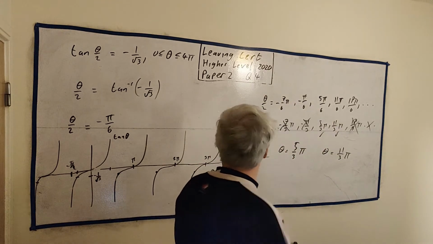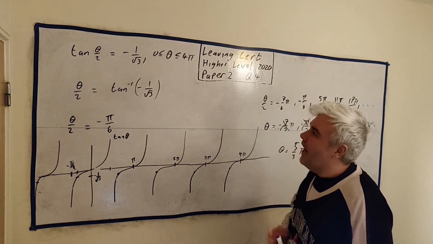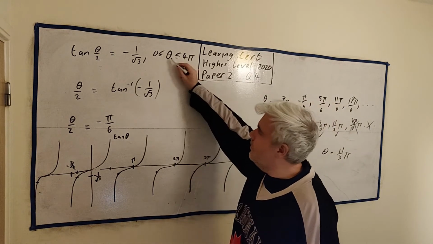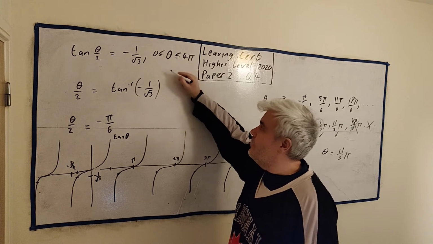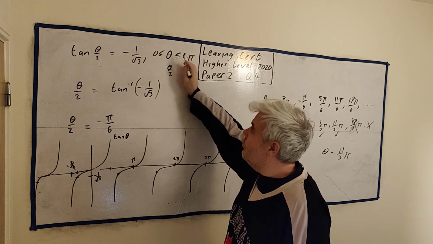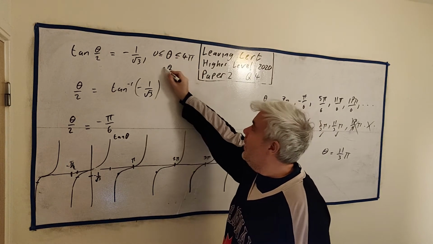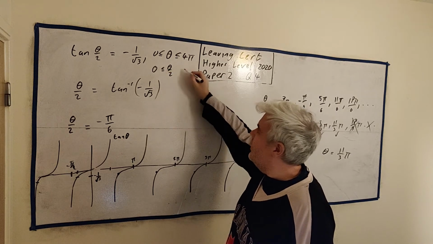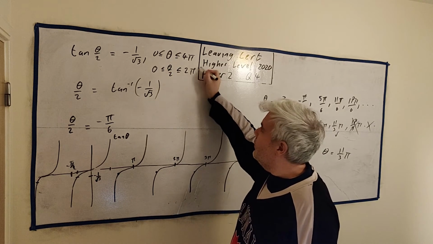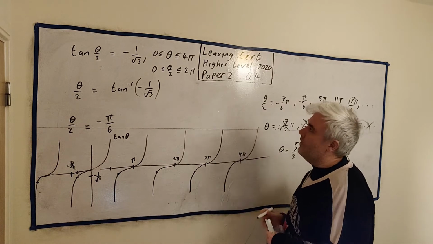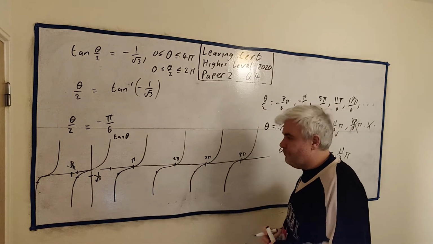Now you could have done this slightly different, I guess. At the start you could have asked yourself, if theta is between these 2 numbers, well then theta over 2, divide them both by 2, is between 0 and 2 pi.